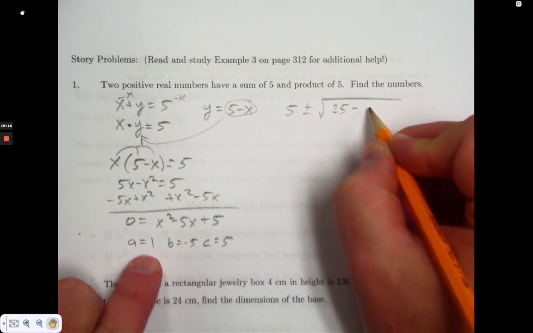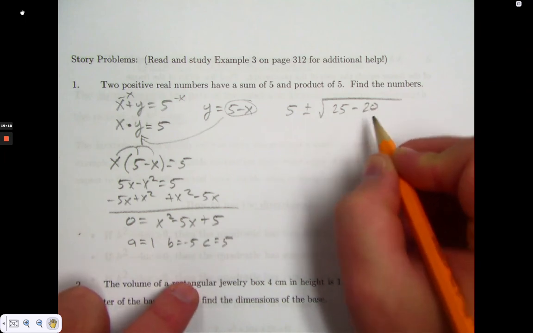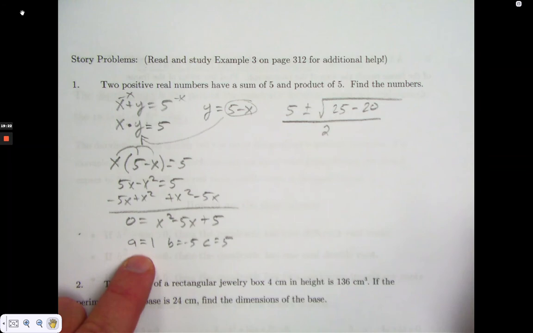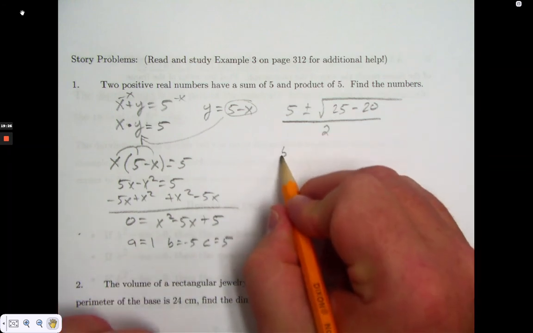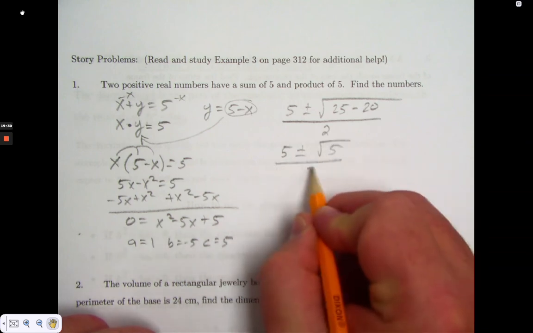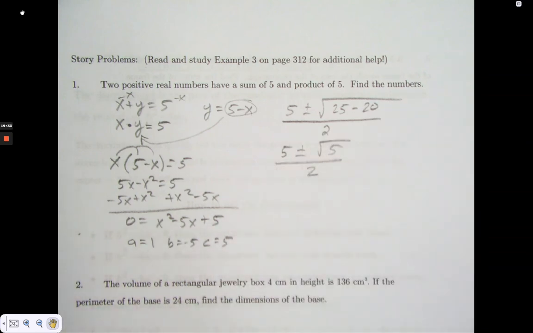So 4 times 1 is 4, times 5 is 20. All over 2 times a, but 2 times 1 is just 2. So then that's 5 plus or minus the square root of 5 over 2.